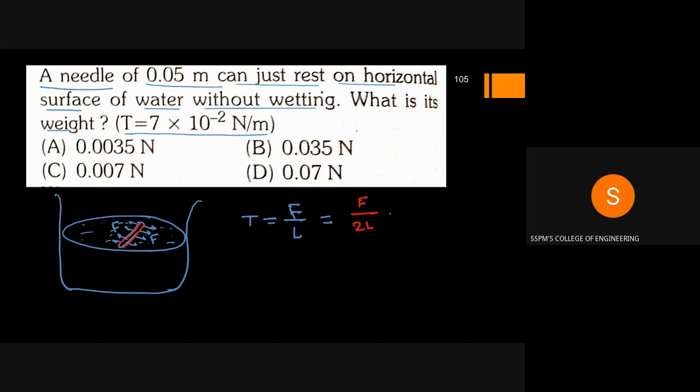So W upon 2L. Okay, so W is equal to T into 2L. T value is given, which is 7 into 10 to the power minus 2 into 2, and length is 0.05 meter.